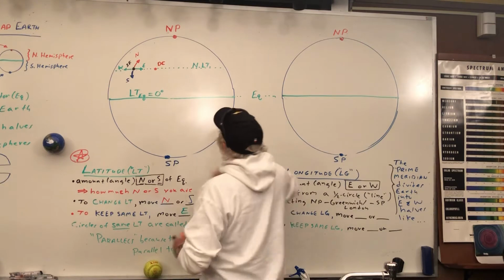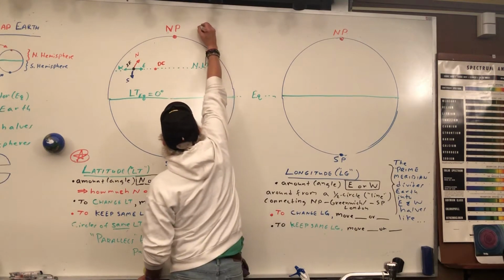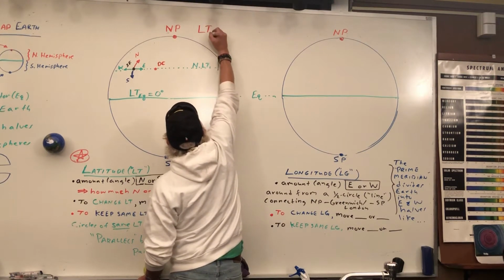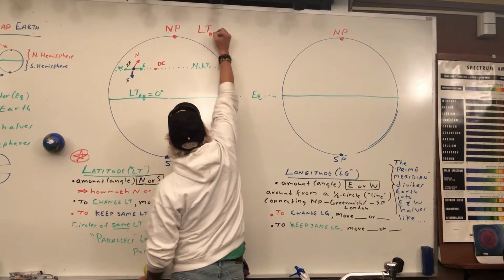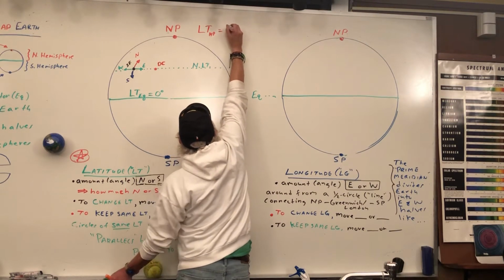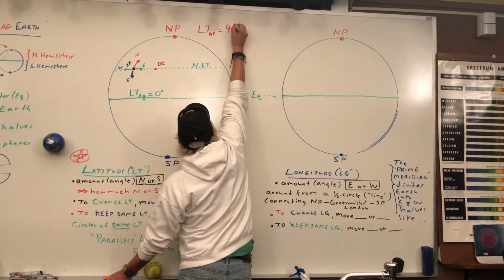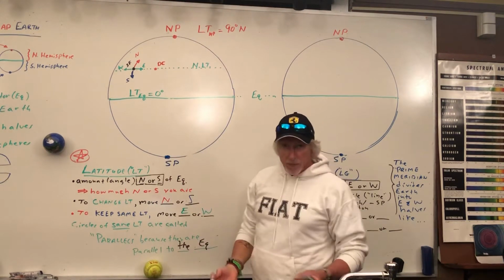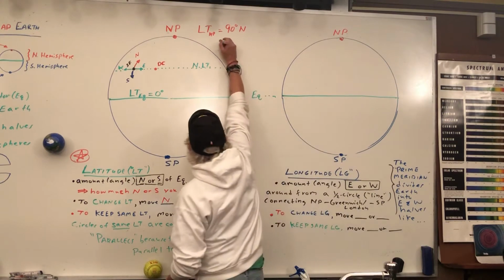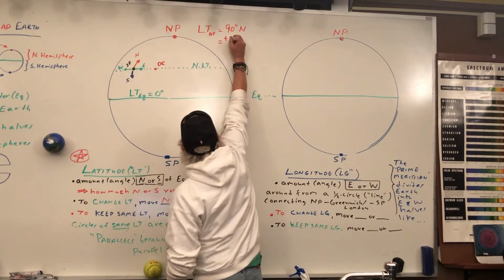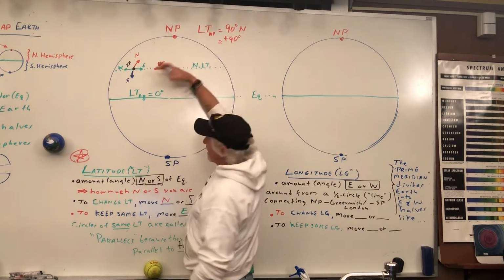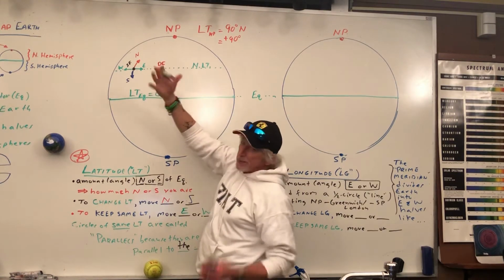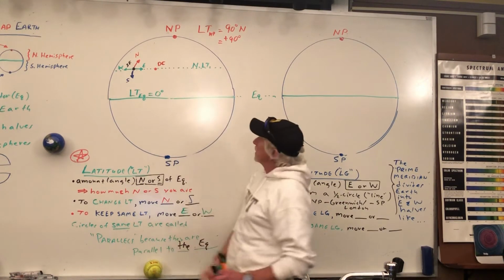So I'm going to write it this way, LT NP, the latitude of North Pole, is equal to, we could either say it's 90 degrees north, people say that, you'll see it on maps, or you could also write, same thing, plus 90 degrees, because we tend to draw the globe this way and think of that up, plus 90 degrees.